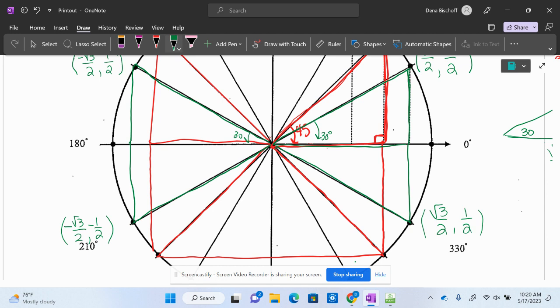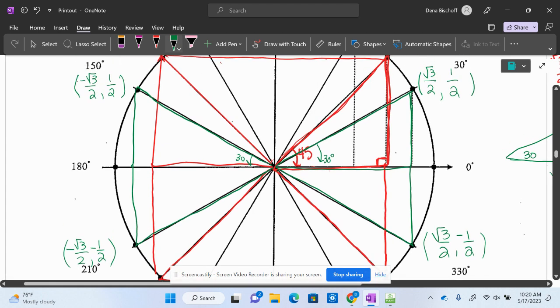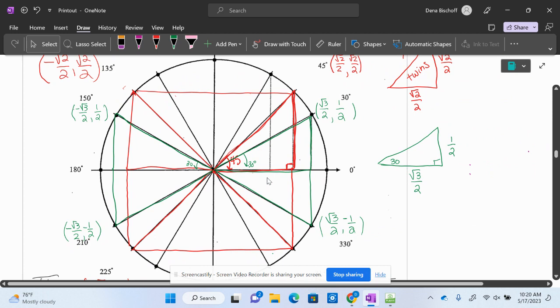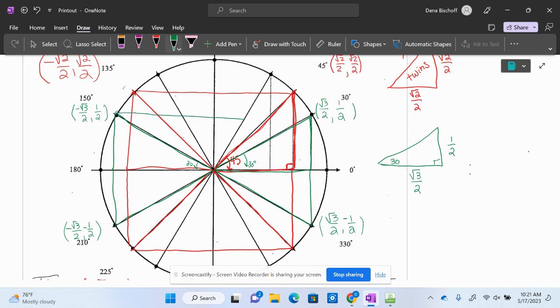Okay, so hopefully you've unpaused your screen and you see that we have currently labeled all of our 45s and all of our angles that have 30 as a reference angle. I'm going to do the same thing. Notice that this is longer on the horizontal side. It's going to make a rectangle, but the horizontal side is longer than the vertical side because the horizontal, the x coordinate, is bigger than the y coordinate.